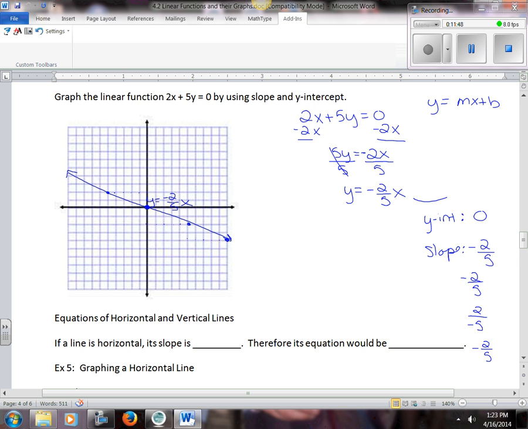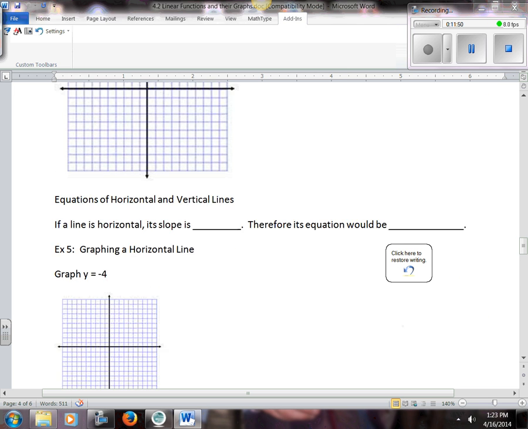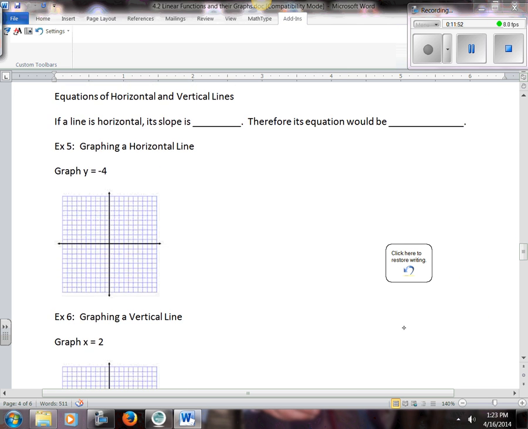Okay, so the next thing we're going to talk about is equation of horizontal and vertical lines. If a line is horizontal, its slope is 0. So therefore, its equation is going to be really simple. If the slope is 0, it becomes 0 times x, right?